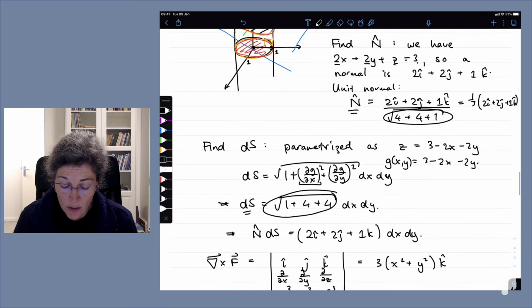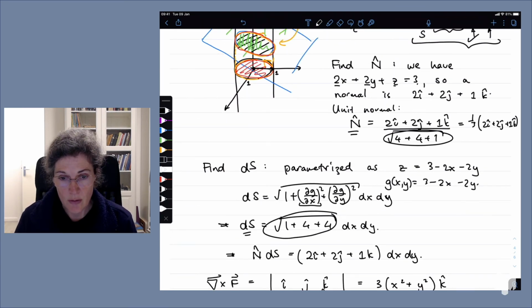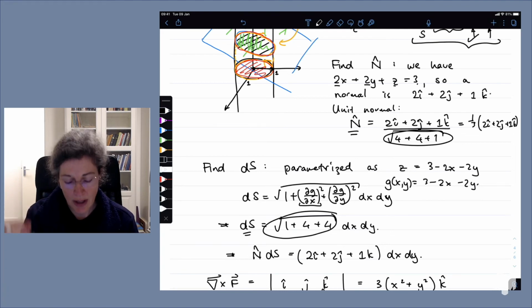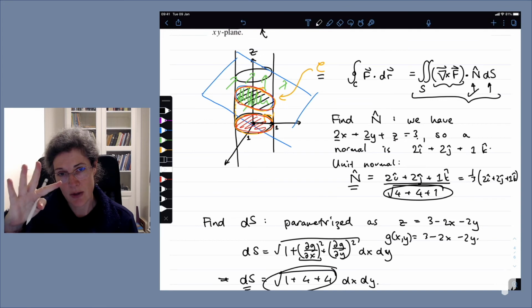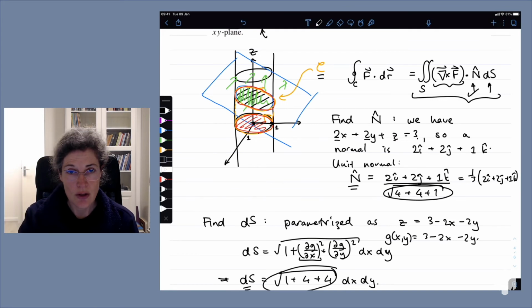So here we were really using Stokes' theorem to help us turn something that we couldn't really do, or that would have been complicated and involved a tricky parameterization of an ellipse at an angle, into just a pretty straightforward double integral over a surface that we could do very easily. So as you can see, Stokes' theorem can be used to translate.